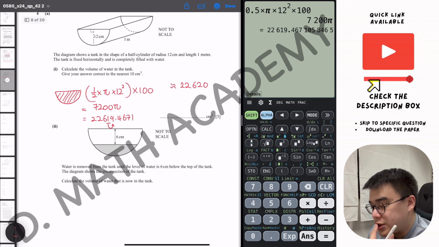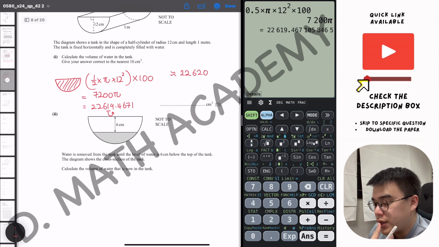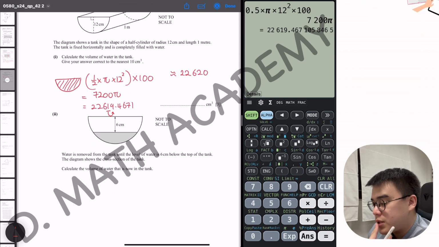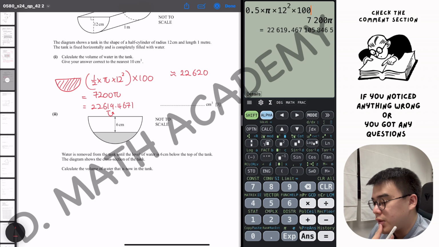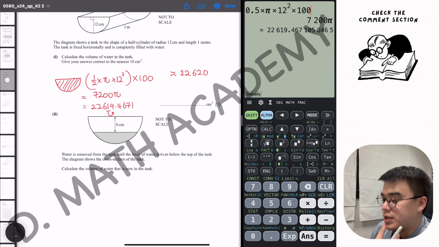Moving on to the next question. They say water is removed until the level of water is 6 cm below the top of the tank. Find the amount of water left in the tank.